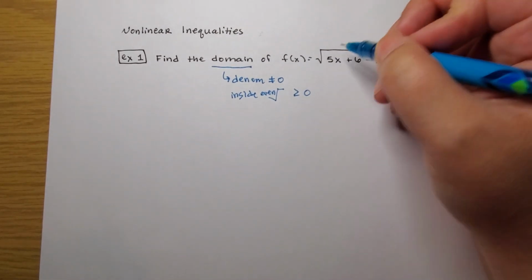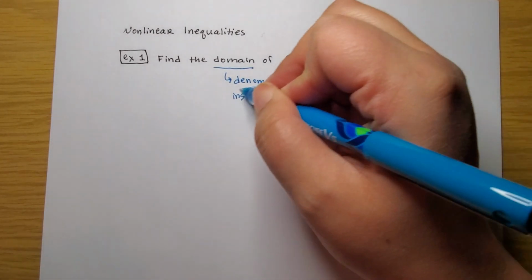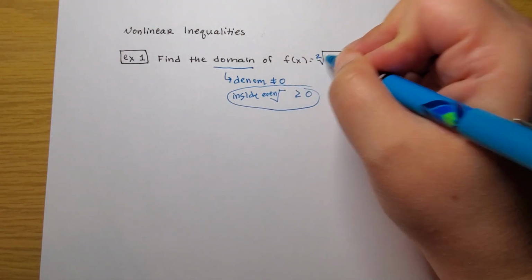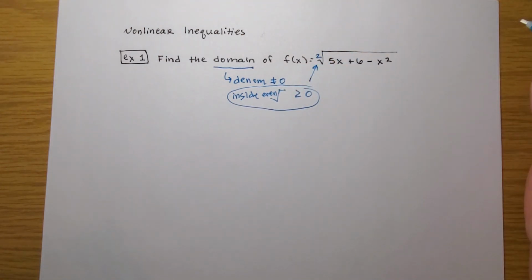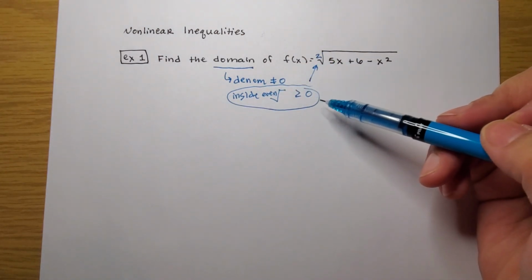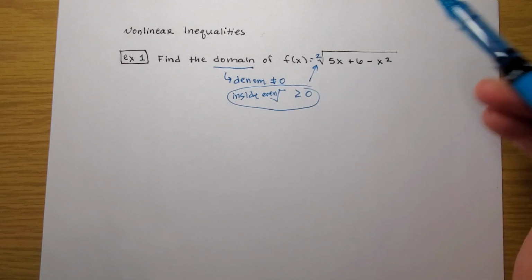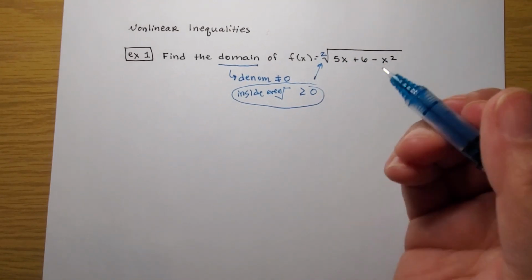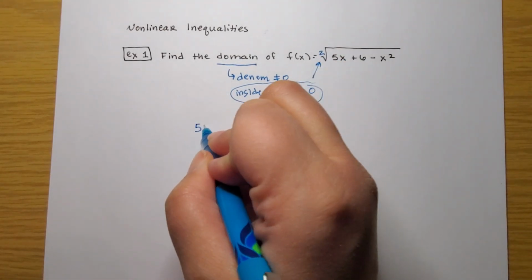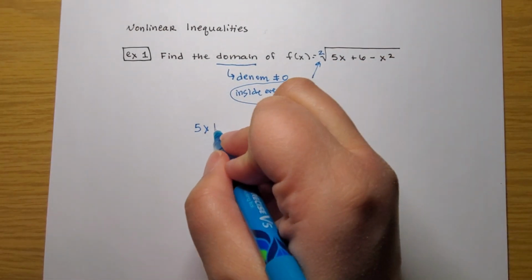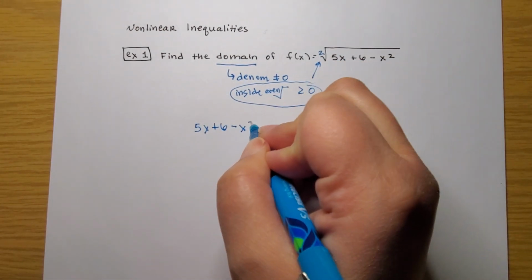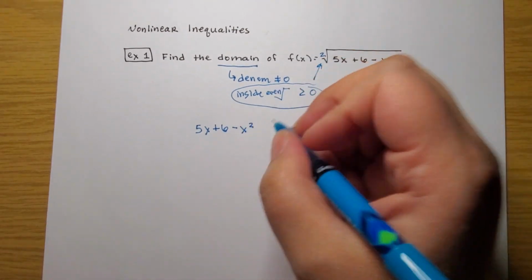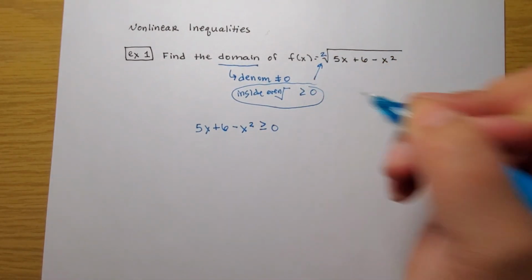In this case, we have an even radical since we have the square root. So this is going to be the setup we need to take. So I have to take whatever's underneath that radical and make it greater than or equal to 0. So I'm going to take my 5x plus 6 minus x squared, and I want that to be greater than or equal to 0.